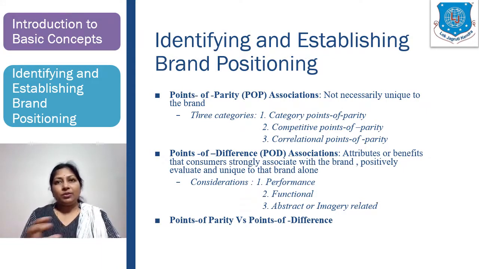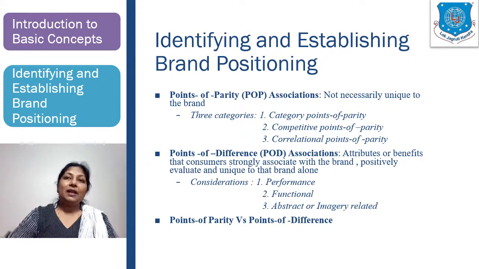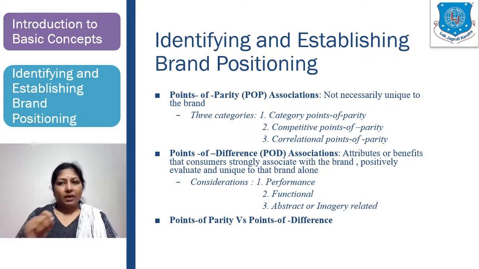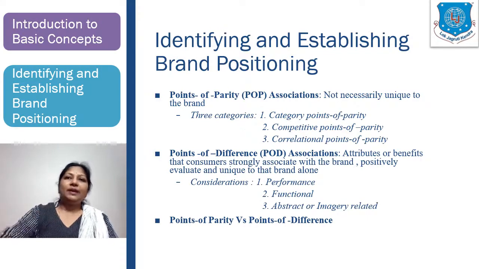Now, these associations are evaluated so that the customer understands the attributes and the benefits that they are seeking from that brand. These are not necessarily unique to that brand. The three categories in which the POP associations are there are the category points of parity, the competitive points of parity, and the correlational points of parity.